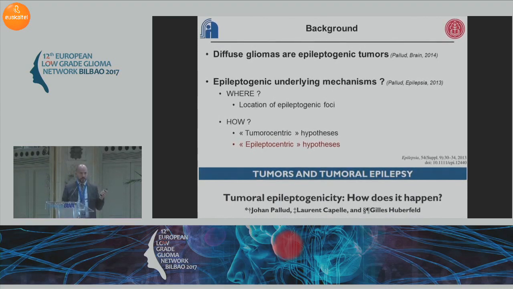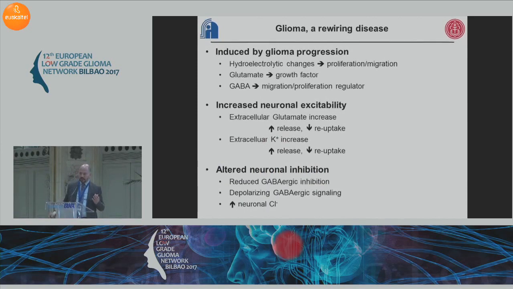the glioma. First, to understand this question, the glioma has to be envisioned as a rewiring disease. The glioma changes its peritumoral brain environment to its own advantage. In fact, the electrolytic changes we observe are required for glioma cell proliferation and migration.